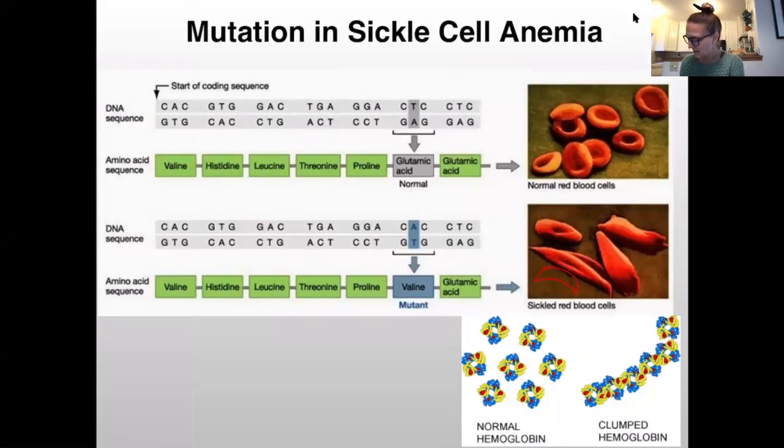And what that actually causes is that normal hemoglobin, the protein within our red blood cells, is normally shaped like this. Whereas in sickle cell anemia, these hemoglobin clump together, and that's what causes these sickled red blood cells, and it causes a huge number of problems.